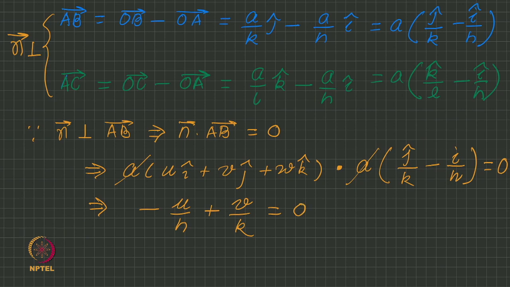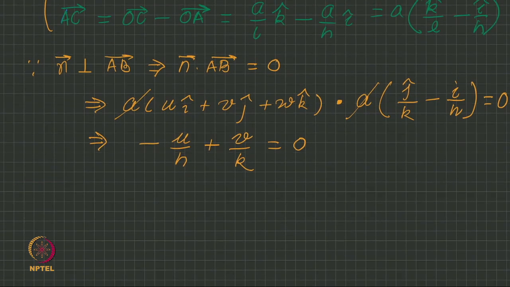Other terms are anyway 0 when you expand this product out. Okay. So, we have u by h is equal to v by k.